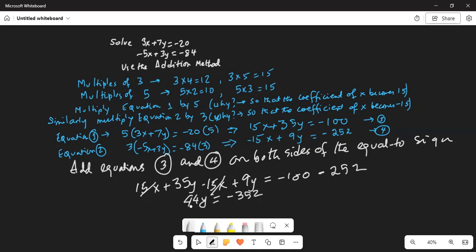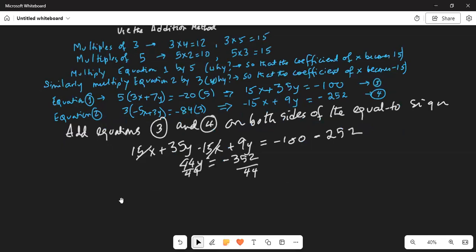Now we divide by 44 on both sides. Why did you divide by 44? Because it's 44 times y. You do the opposite: it's multiplied, 44 multiplied by y, so the opposite is divide by 44 to remove the 44 and separate y by itself.